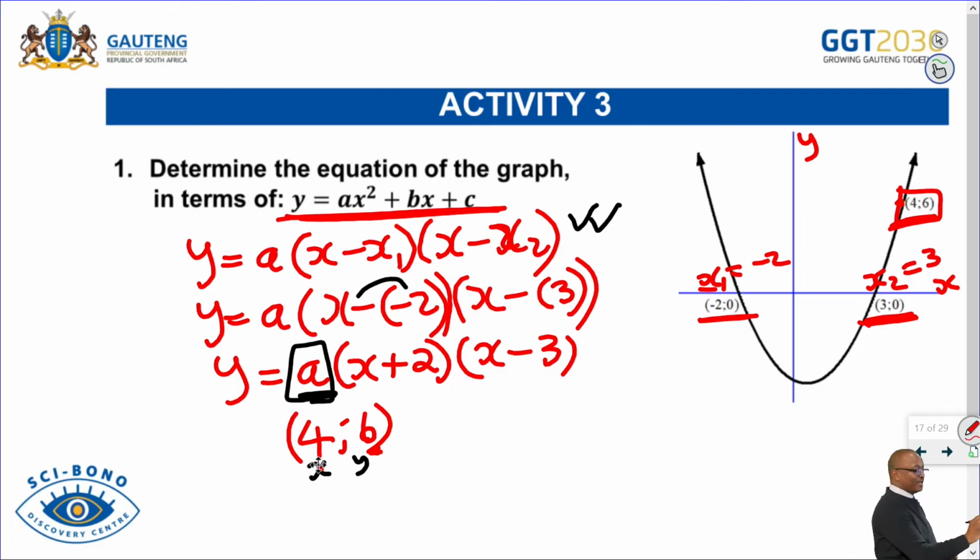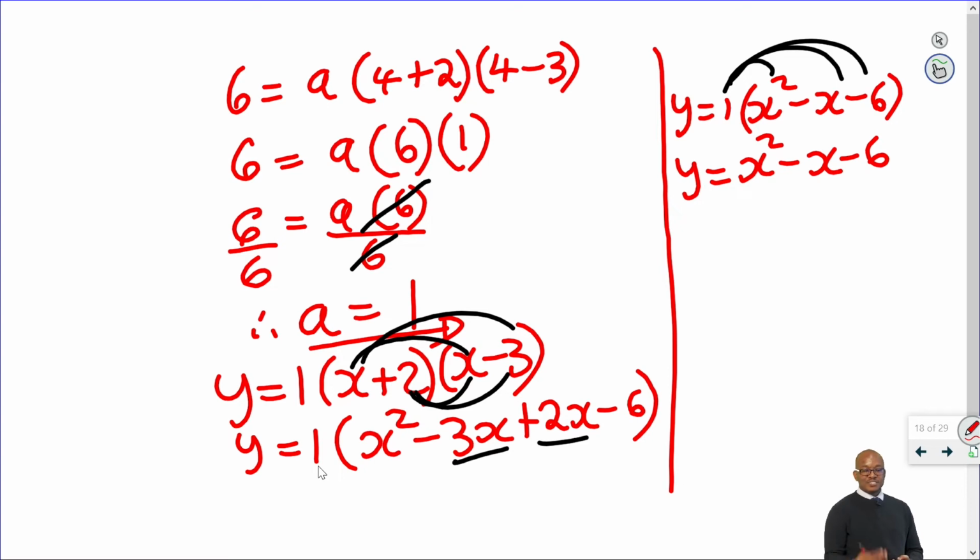After simplifying, to get the value of A, you need to look on your graph to see the point given besides the intercepts. Then you substitute them and calculate for A. After calculating for A, you substitute A back into the equation. Then you expand it.